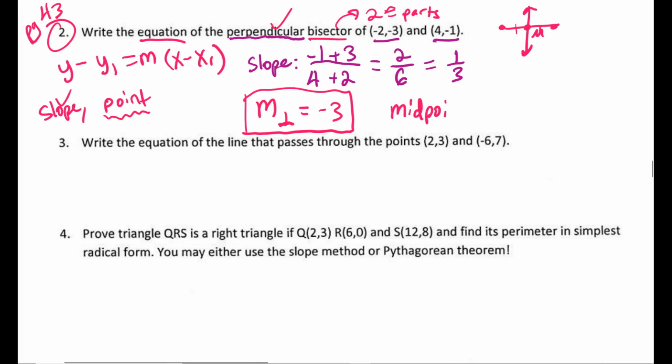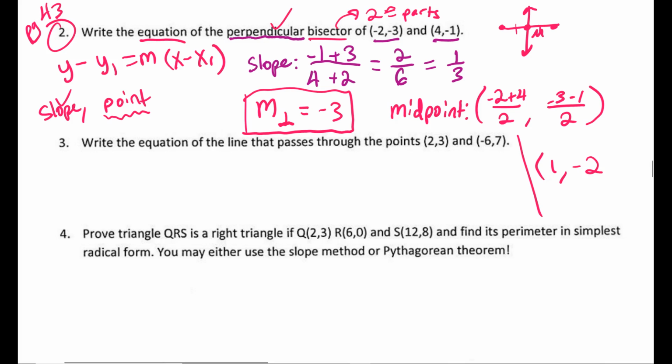So I'm going to plug into the midpoint formula again. So remember, that's the average of the x's comma the average of the y's. So -2 plus 4, I'm adding the x coordinates, and -3 plus -1 or just -1, I'm adding the y coordinates. So -2 plus 4 is 2, divided by 2 is 1, and -3 minus 1 is -4, divided by 2 is -2.